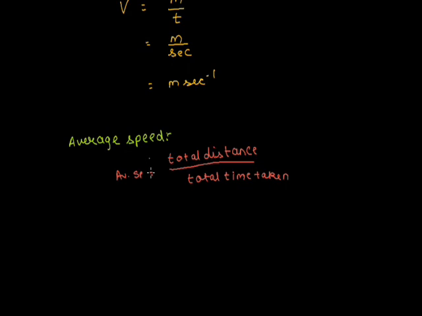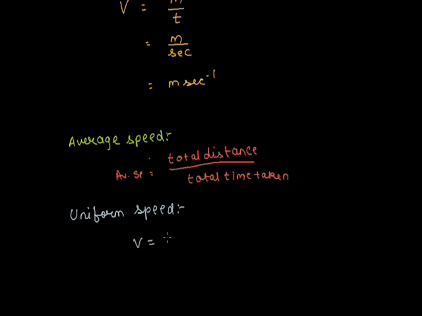When a body is traveling with average speed of the given formula, then it can travel the total distance in the total given time. Then we have instantaneous speed. First, we'll talk about uniform speed. If an object covers equal distance in equal intervals of time, then it is said to be moving with uniform speed.